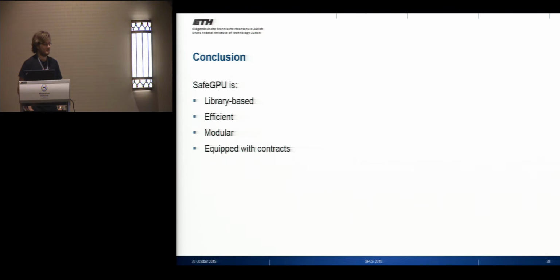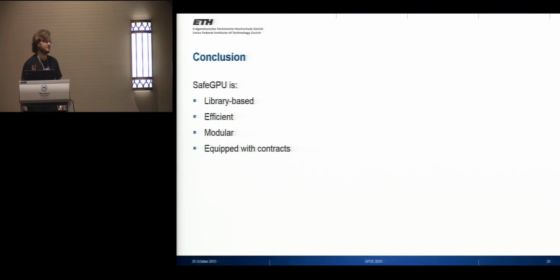For the contracts using SafeGPU, I guess there's an overhead in that you have to use extra cores to check the contract, right? Yes. There's not a speed overhead, but a space overhead. The question is how much more computational power do you need for the contracts using SafeGPU?